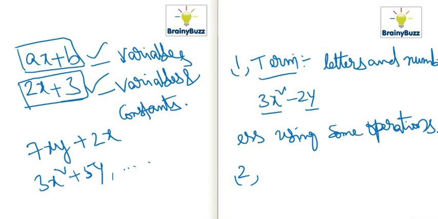Here this is the x square term, here it is the y term. Or if you want, here 5xy plus x square, this is the xy term and this is the x square term. Like that we can know about term.